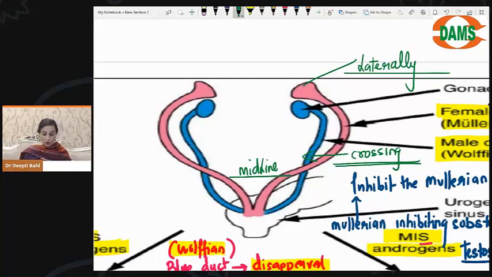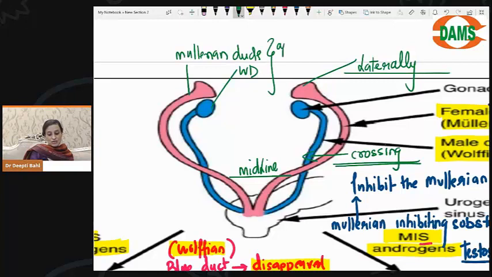Now, remember this thing which is very, very important. Mullerian ducts as well as Wolffian ducts, I said, will appear in the fetus. Who's going to recall and tell me what was the POG when they appear in the intrauterine life? 6 weeks.